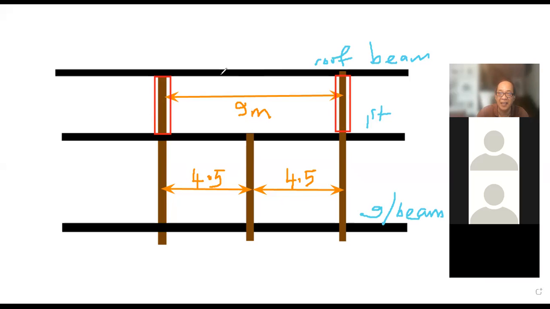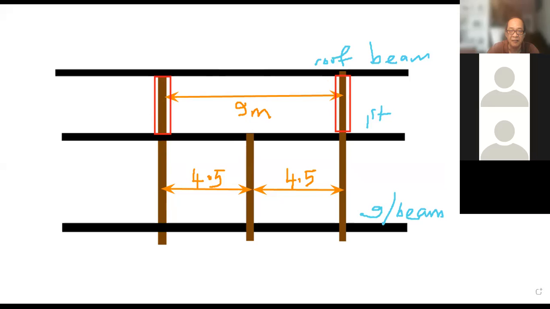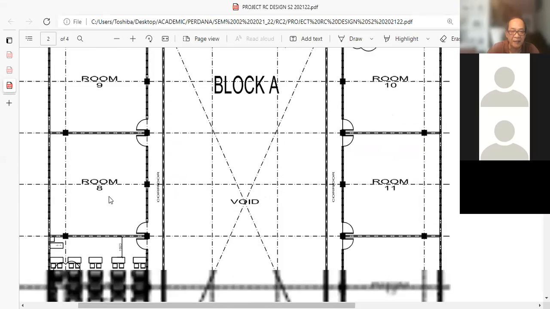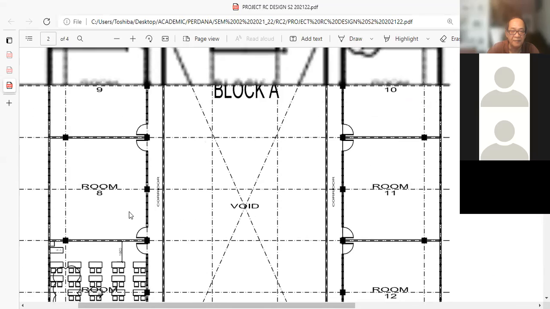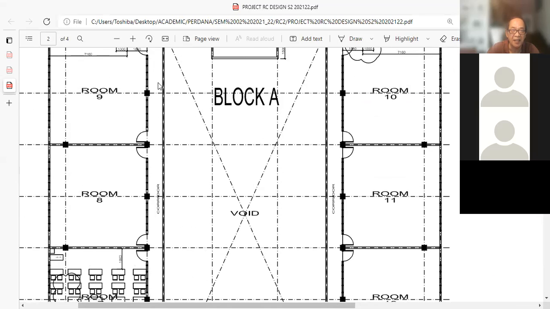So this is another information yang we can extract daripada the architectural drawing. Okay, so clearly at the first floor level, okay, columns yang at this position will have to stop. Will need to stop, okay, at this particular location. All columns at this position, at this position, at this position, dengan at this position will need to stop.